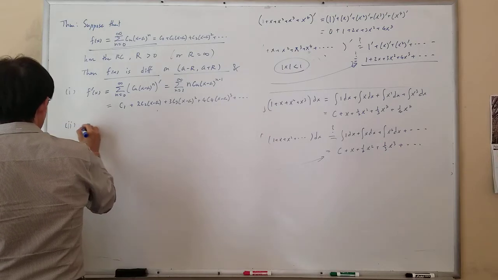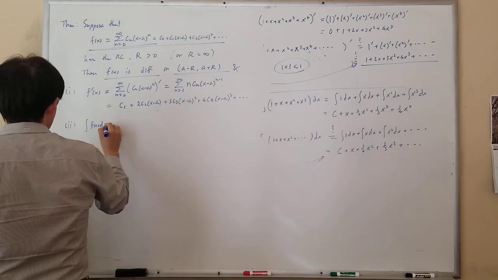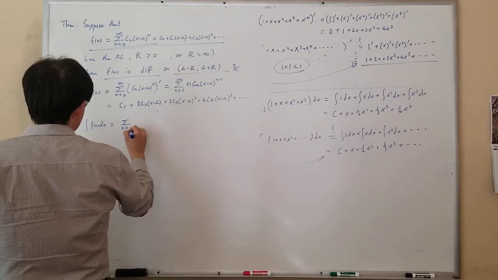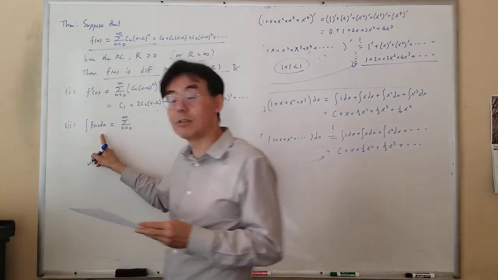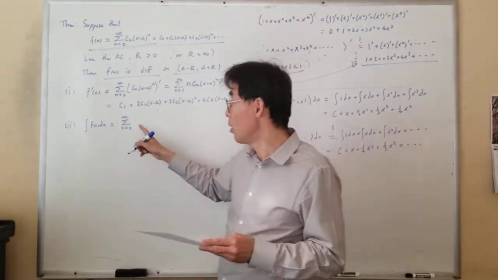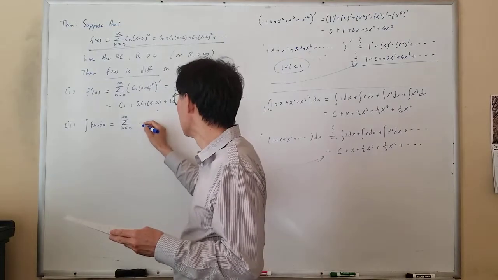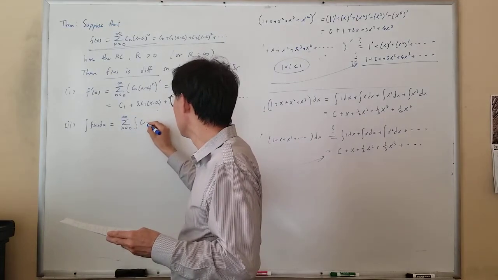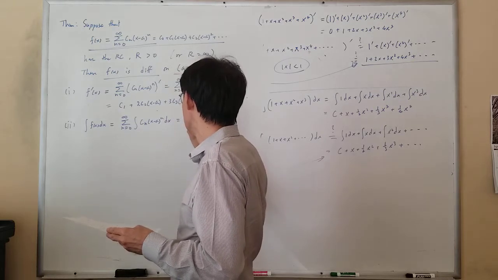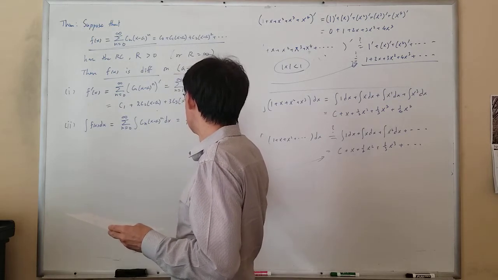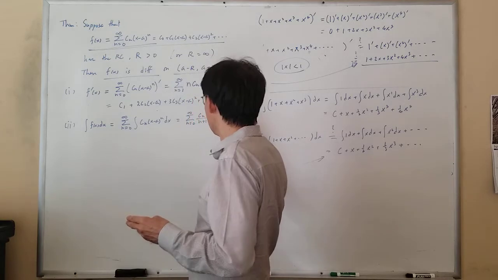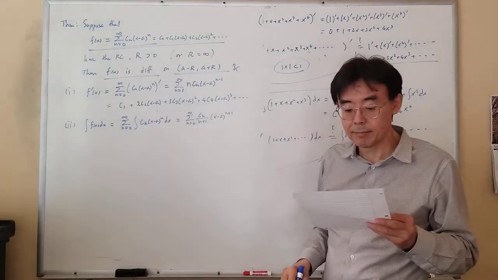Secondly, your indefinite integral, an antiderivative of f, also has a power series representation, which is obtained by doing term by term integration, which means Cn over n plus 1 times x minus a to the n plus 1.